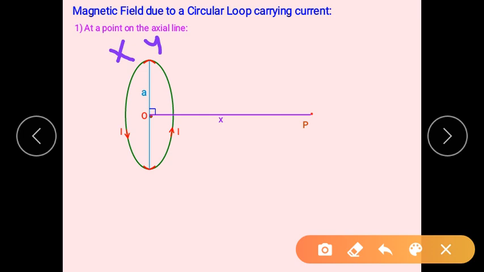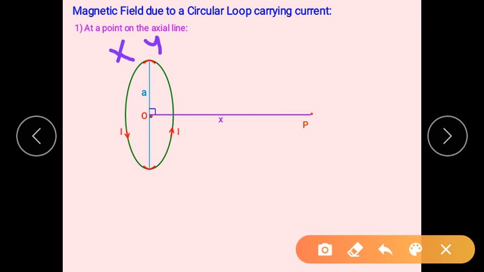What we are going to do is, actually we have to find the magnetic field at P due to the circular loop. So we will cut the circular loop into a large number of small elements, dl, and we will find the magnetic field at P due to a single element.